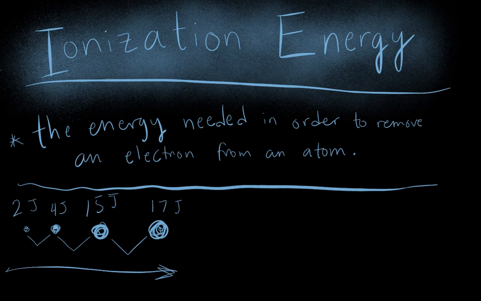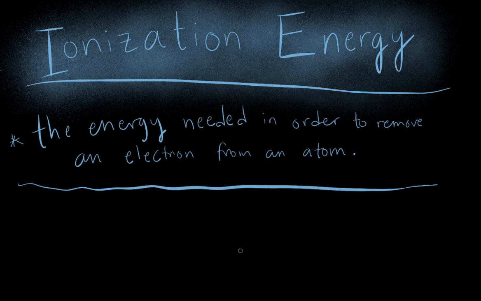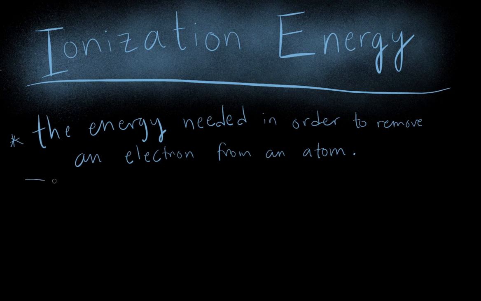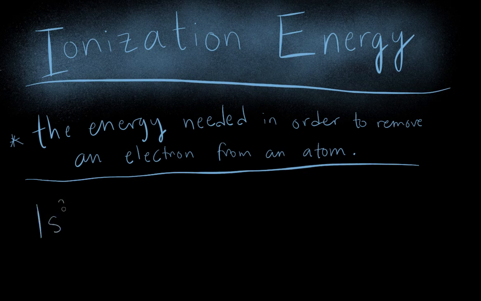So the electron that requires the most energy to take away from an atom is a core electron. Let's say we are looking at some atom that has the electron configuration of 2s squared, 2p2.